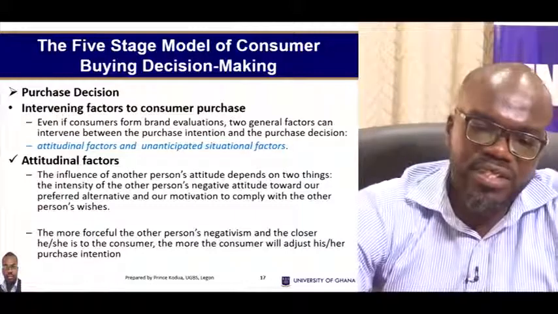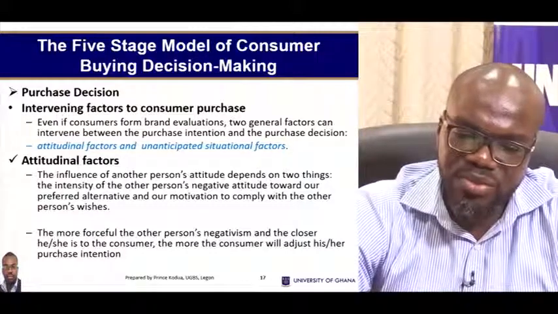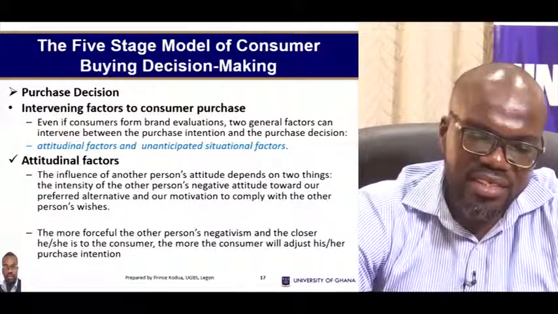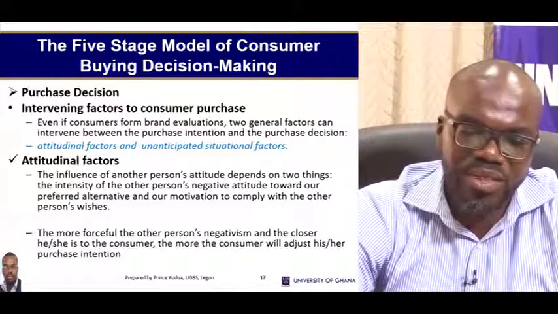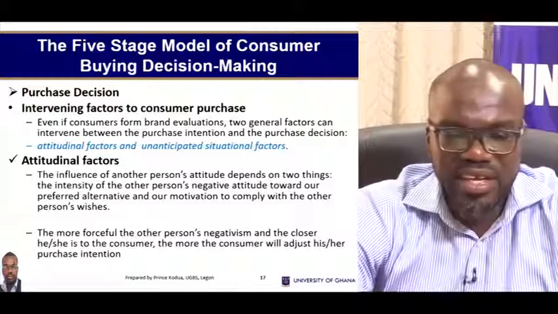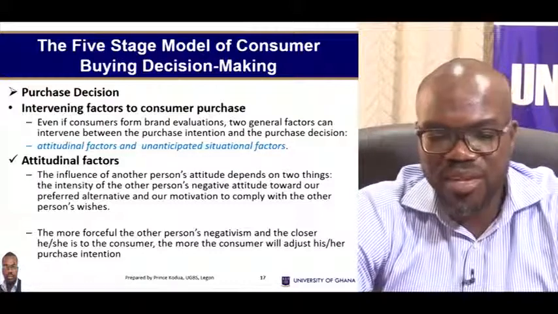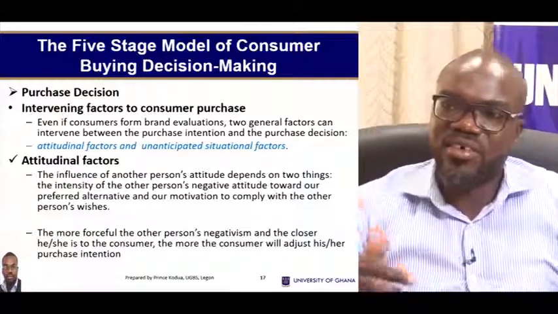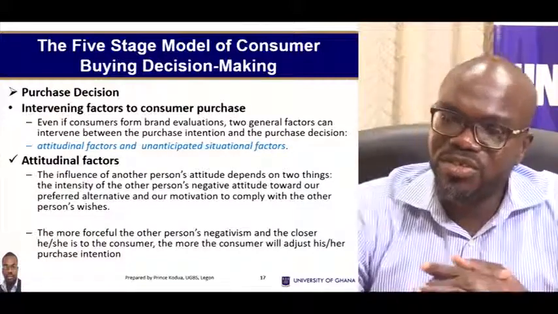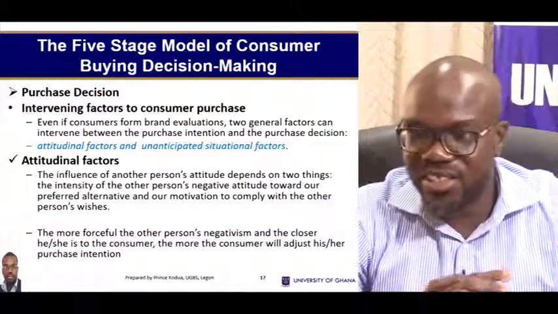The influence of another person's attitude depends on two things: the intensity of the other person's negative attitude towards our preferred alternative, and our motivation to comply with the other person's wishes. In other words, it depends on the importance the consumer attaches to the third party in this case.